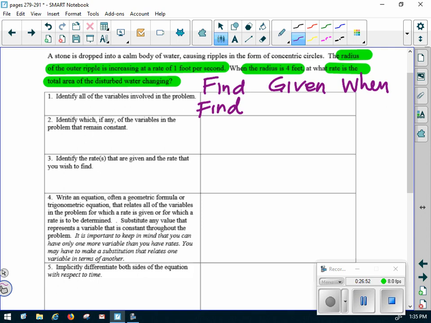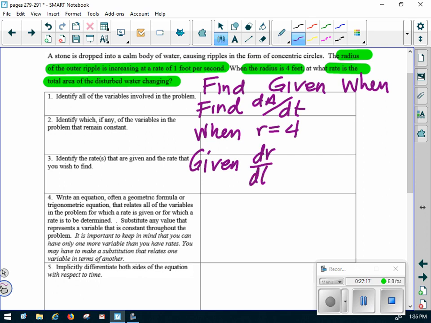Are you okay that I want to find dA dt when R is 4, given dr dt equals 1? Makes sense so far?